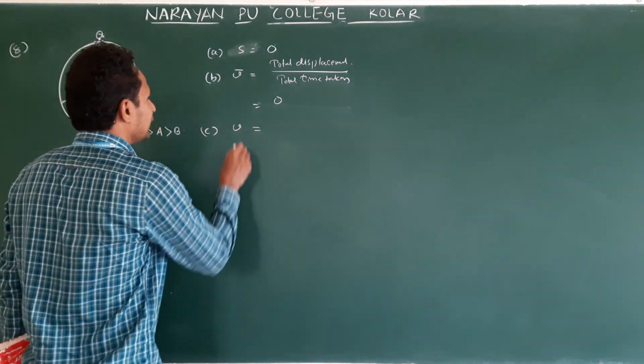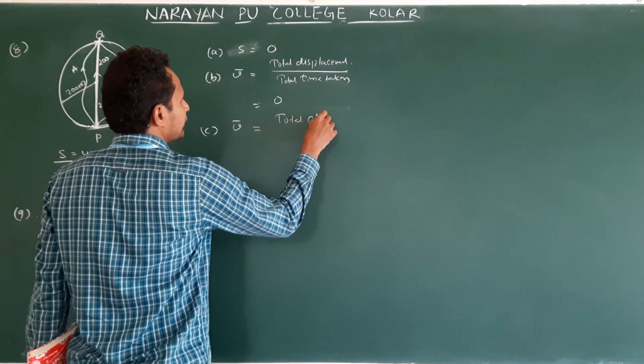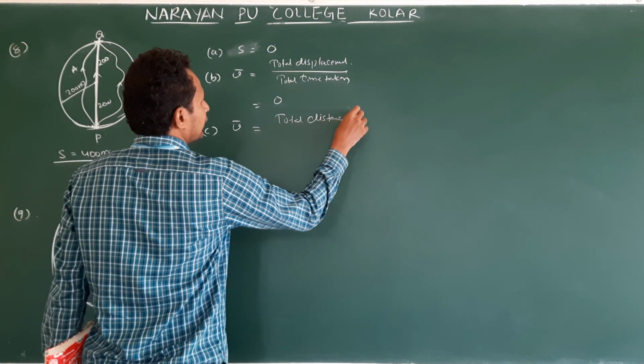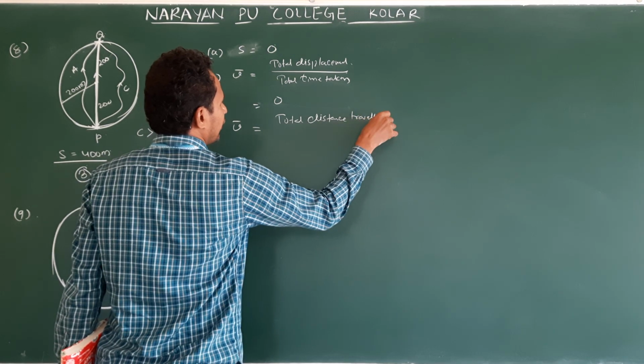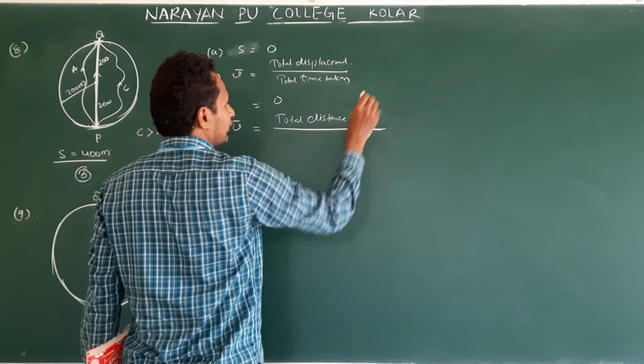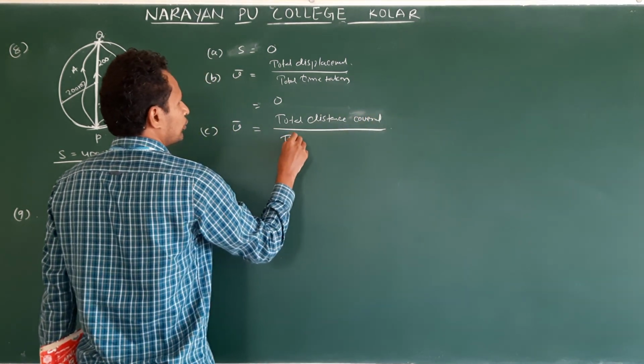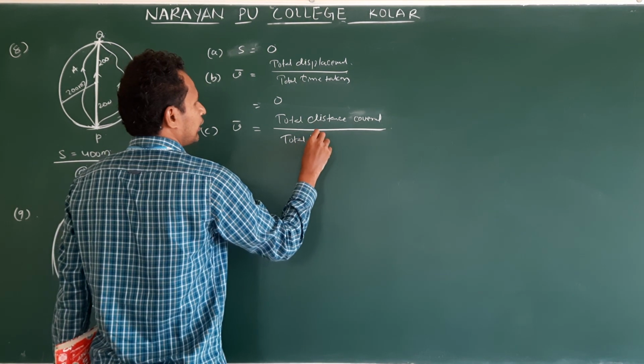This formula is total distance traveled, or total path length, or total distance covered, in total time.